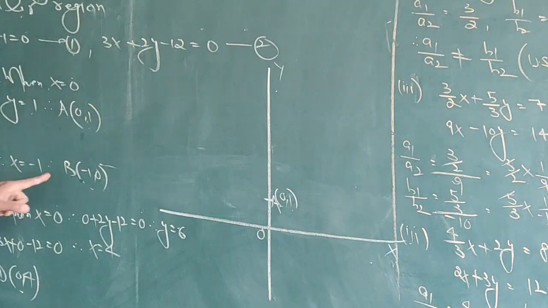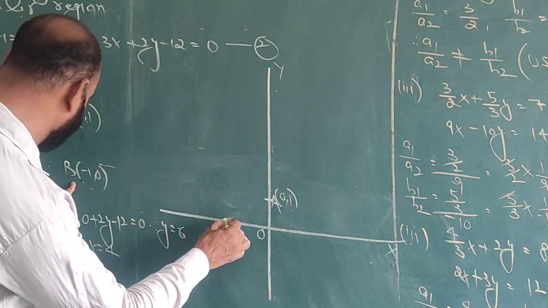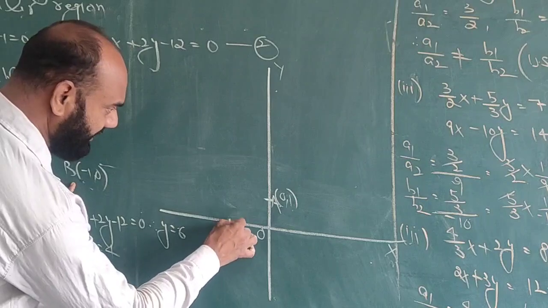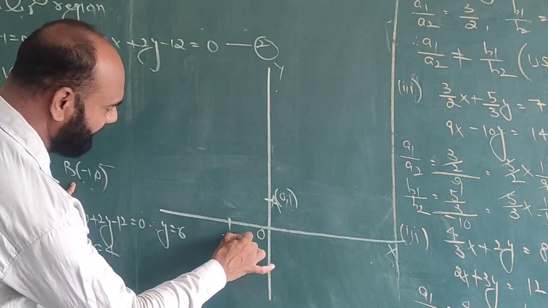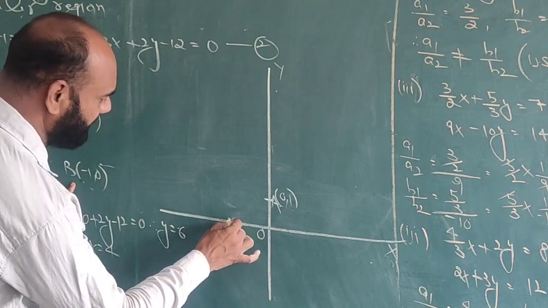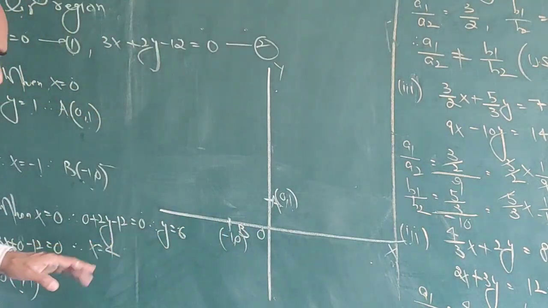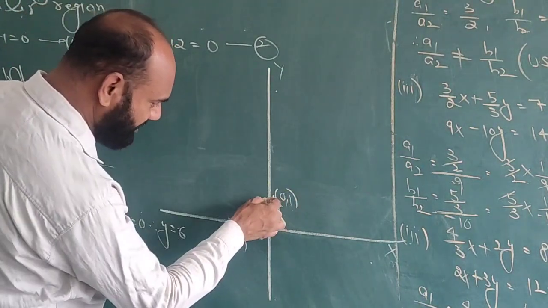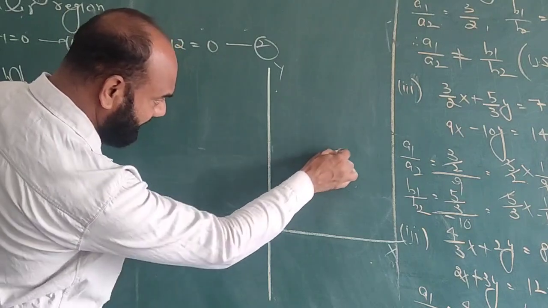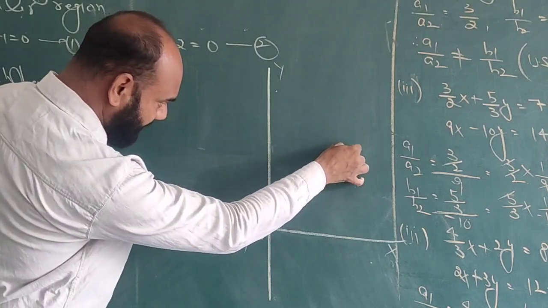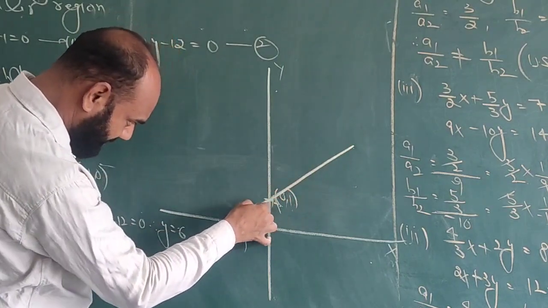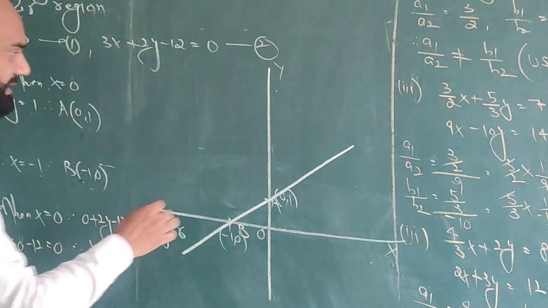And the next point is B, this is minus 1, 0, x minus 1, y 0. And we know on the x-axis, y is always 0. So the second point B is minus 1, 0 here. So we join these two points and we get a straight line. This is line 1.